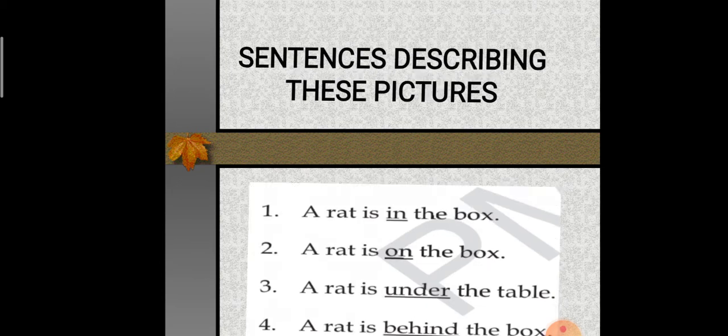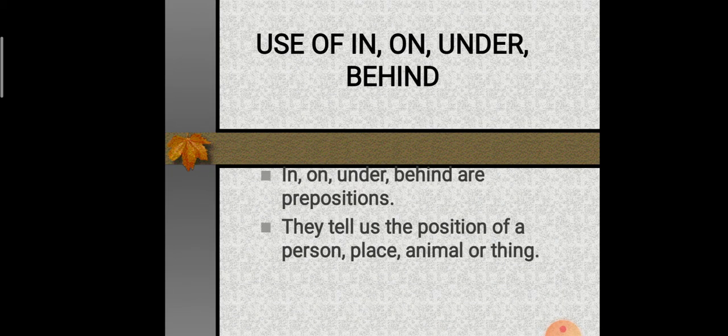So, after watching these pictures and the sentences, we can say that in, on, under, behind are prepositions. They tell us the position of a person, place, animal or thing.